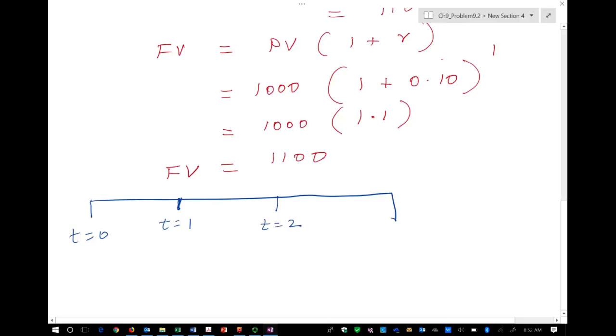This is my timeline. I started with $1,000 here, present value is 1,000, rate is equal to 10%. At the end of the first year, my future value is 1,100.